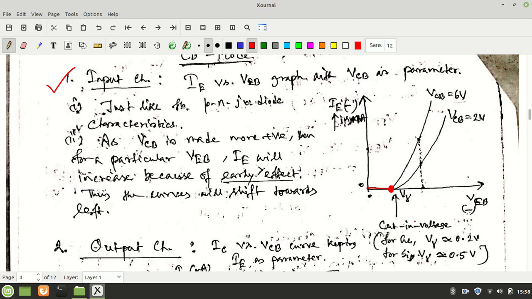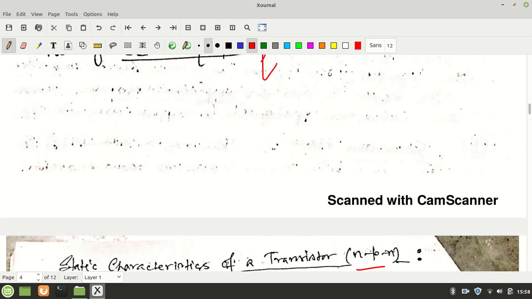You know from diode characteristic, it is purely a diode characteristic, but there is a difference. The graph is drawn with respect to the parameter VCB as a constant, that is the collector base voltage, which is the output voltage.